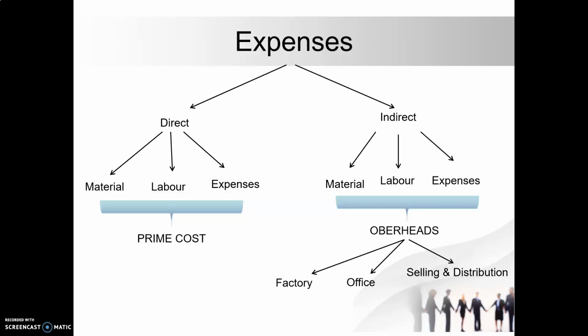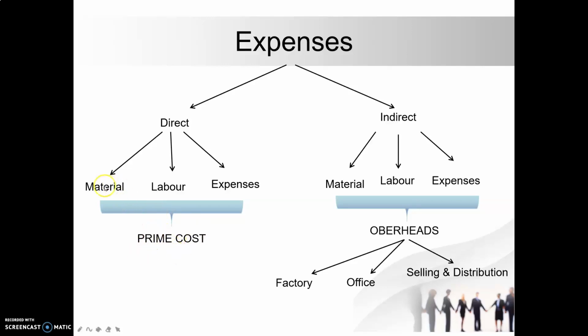There are so many office expenses like that. Then we have selling and distribution. Here the things are getting sold, like commission of salesmen, promotion, free samples, advertising. These are all your selling and distribution overheads. So boys and girls, your cost sheet is basically a systematic presentation of this thing only that you are seeing on the screen.